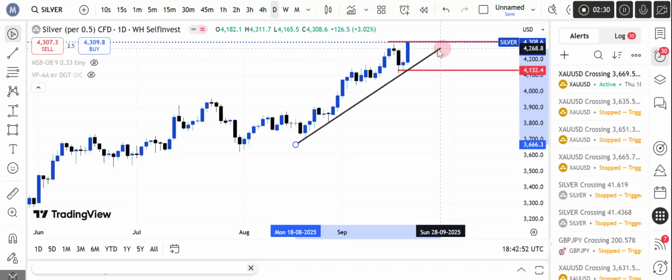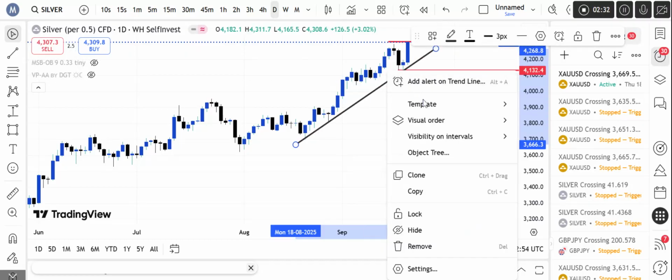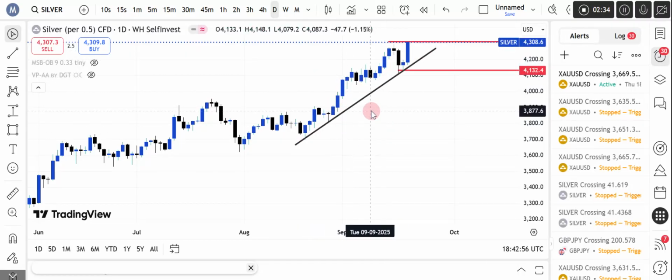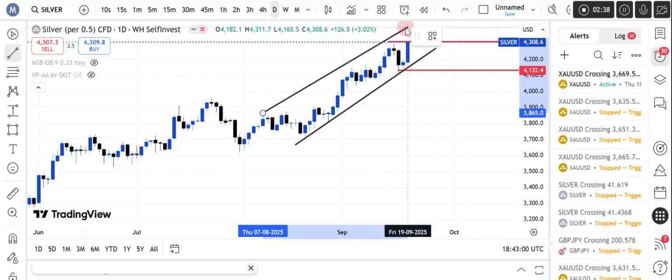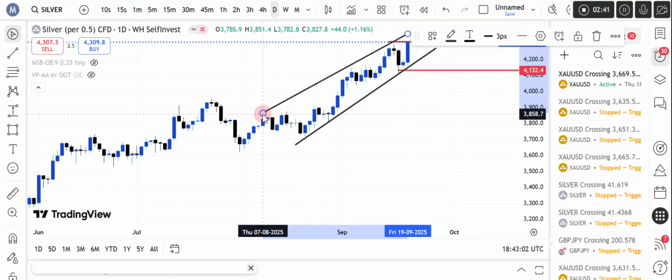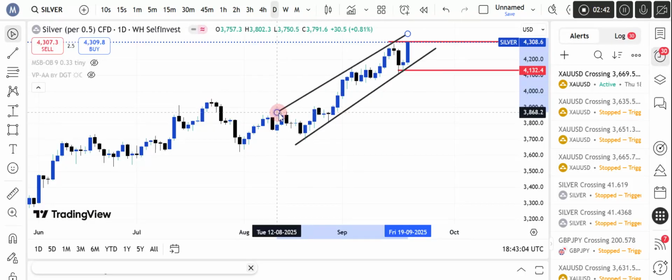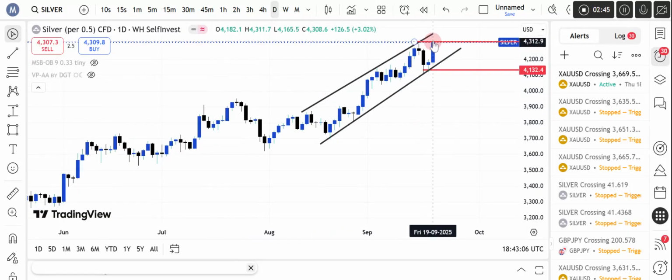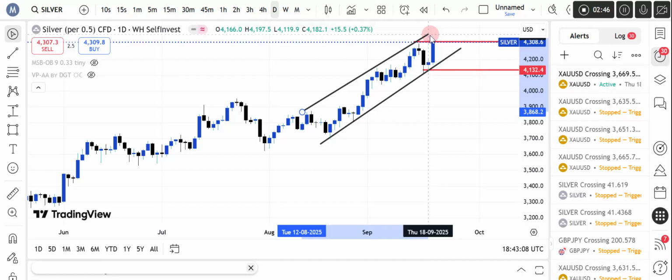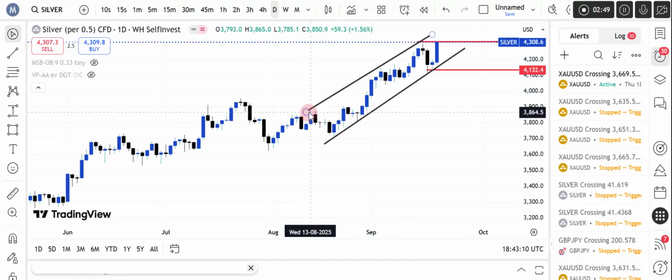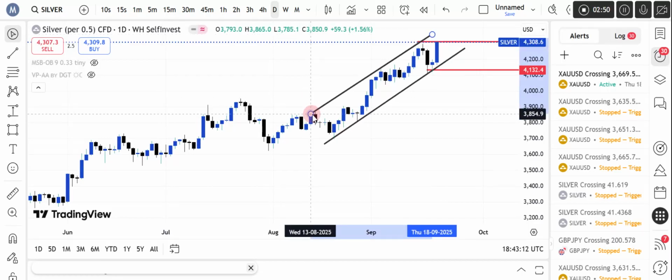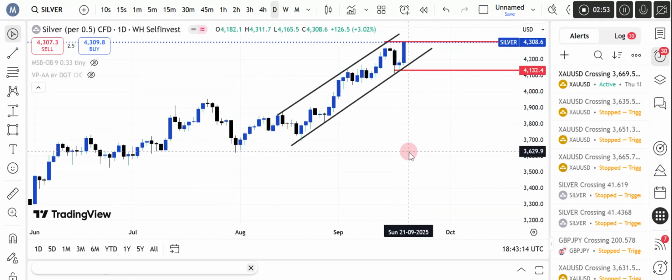Sorry, this is Silver, but both of them are doing the same thing. I want to use Silver because Silver shows me a clearer picture of the same chart pattern I had 6 months ago. Exactly the same thing is happening.